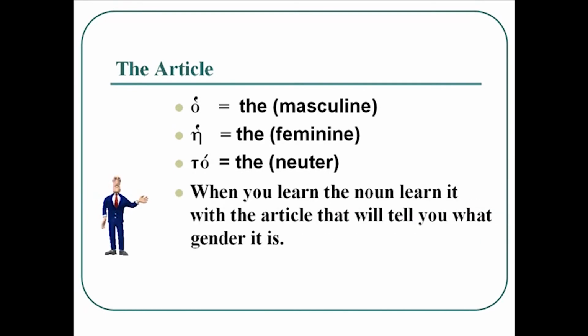When you learn the noun, it's wise to learn the article that goes with it so you can remember what gender it is, whether it's masculine, feminine, or neuter. That will be indicated by the article that's placed with the noun in the vocabulary lists. So, ho, masculine, hē, feminine, to, neuter, the article that goes with the various nouns.